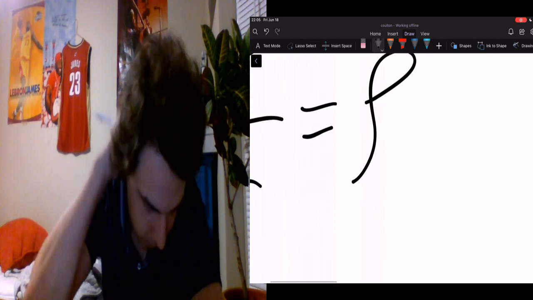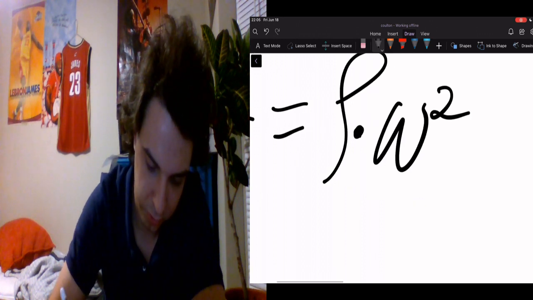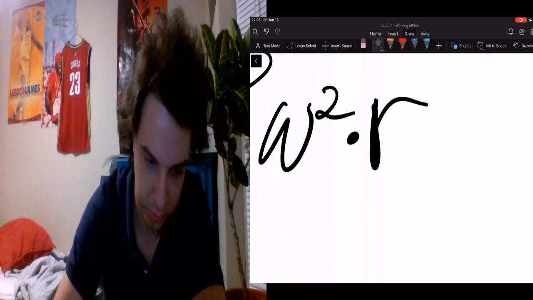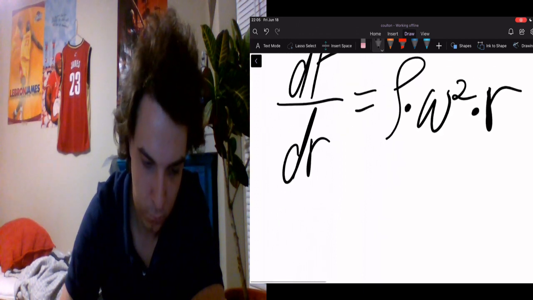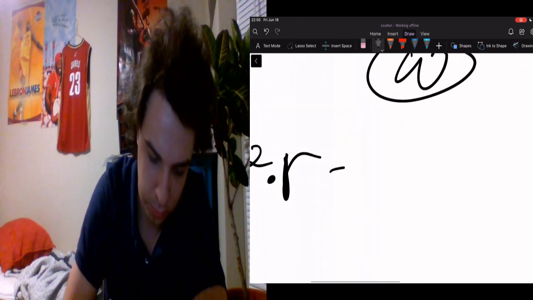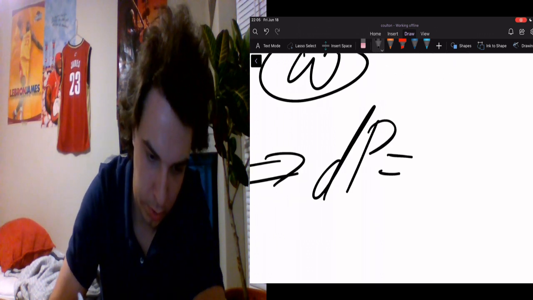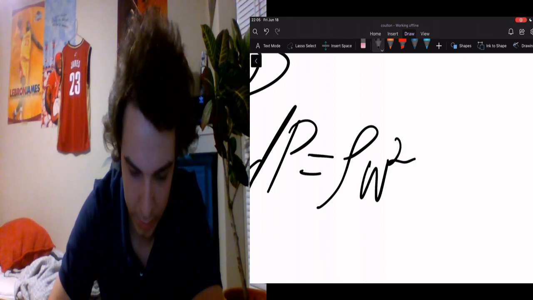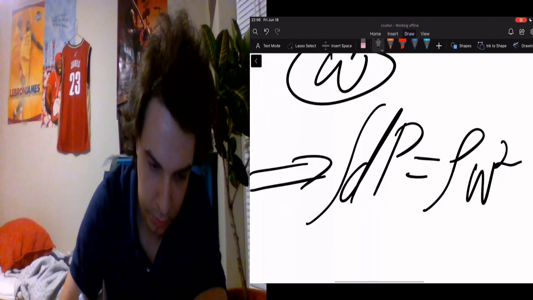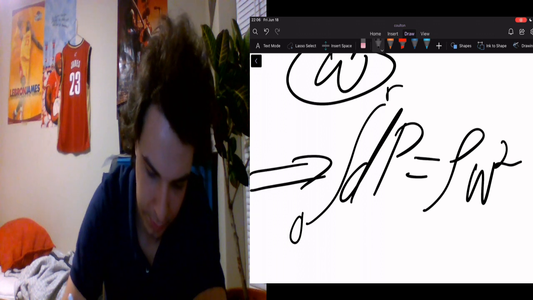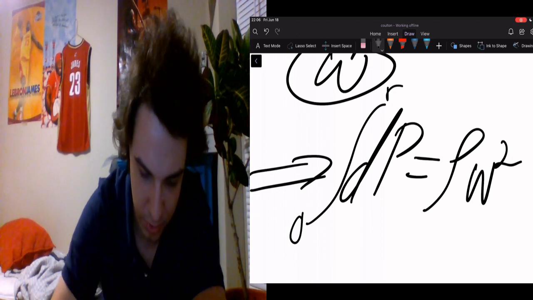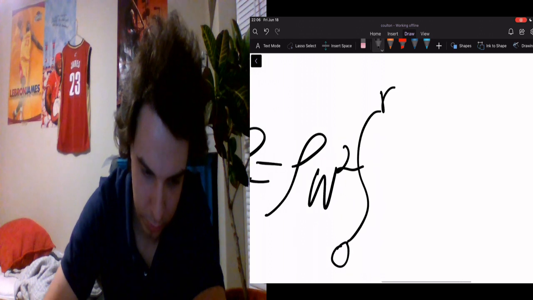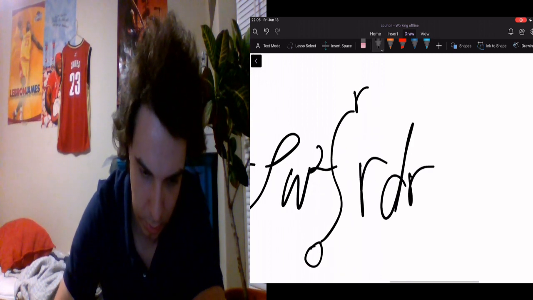rho, which is the density, times omega squared times the little radius, and then we can change this around to get dP equals the density times the angular velocity squared, and then we want to put integrals here from 0 to p, and on this one we have 0 to r, radius r', dr'.